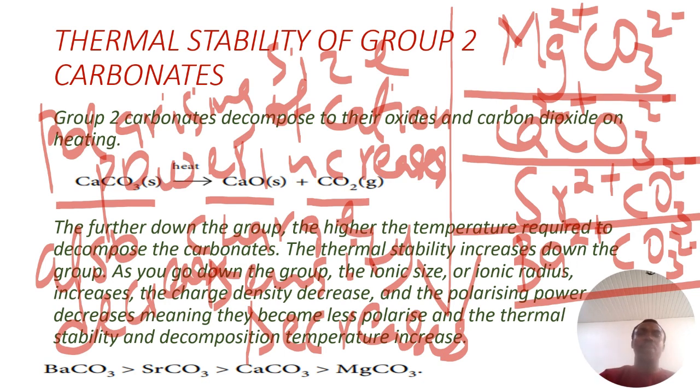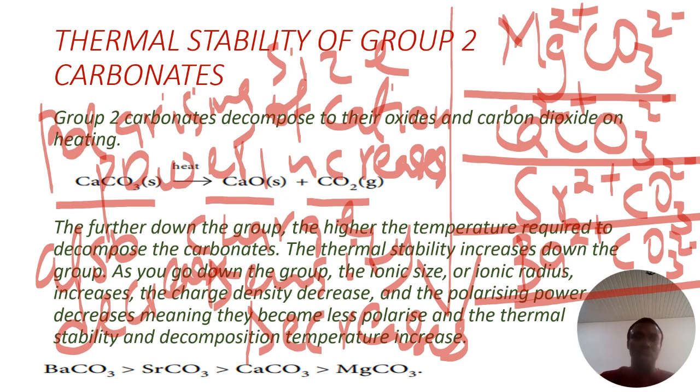That means barium carbonate is the least polarized, so it will be very difficult for it to decompose. So the thermal stability will get higher as you go down. The thermal stability increases down the group. The decomposition temperature increases as you go down the group. So barium carbonate can be decomposed with the highest temperature because it's the least polarized.